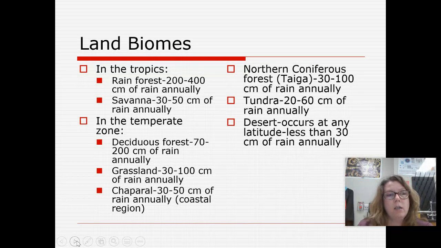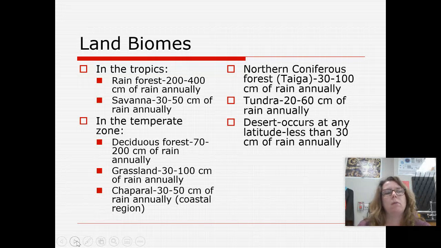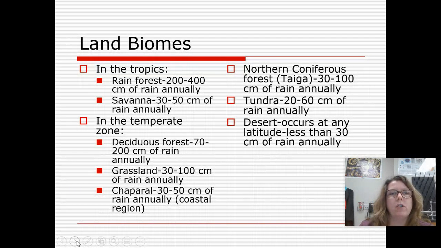The grassland, and then the chaparral, which is kind of a coastal region. And it's determined by rainfall as well and the vegetation. And notice, in general, you get forests in these biomes when you have more precipitation. The less precipitation you get, the more you get grass or even real scrubby bush vegetation, right?